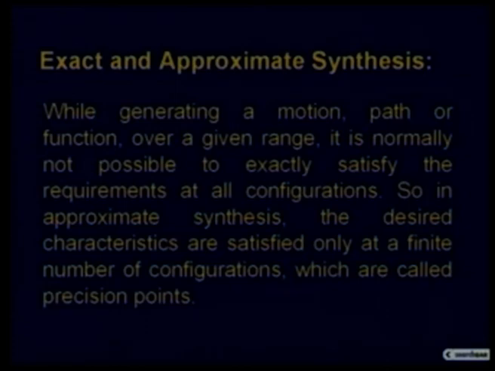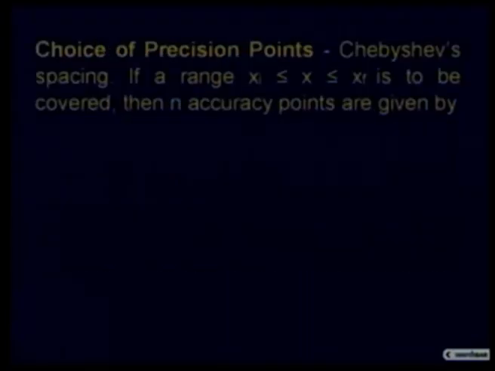And these particular configurations, when the motion characteristics are satisfied exactly, are called precision points. Our next task is to choose these precision points in a better fashion. So, for the choice of precision points, what we do normally, initially we take Chebyshev spacing. What we mean by Chebyshev spacing?